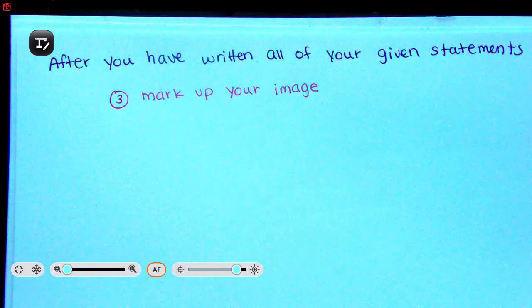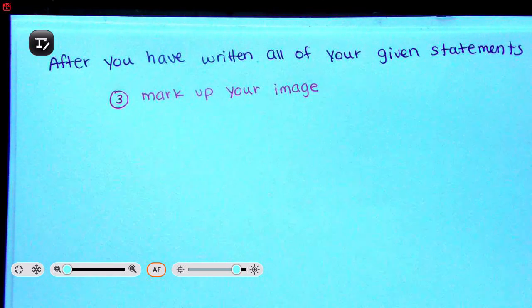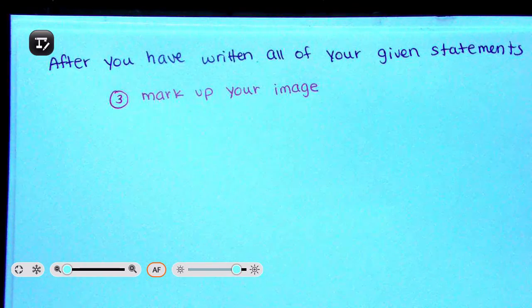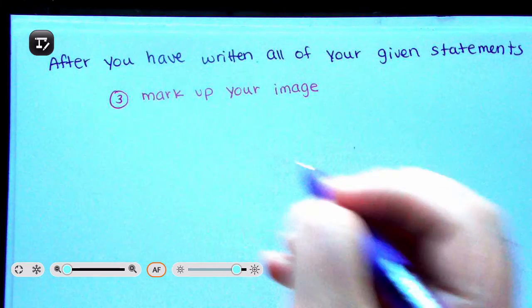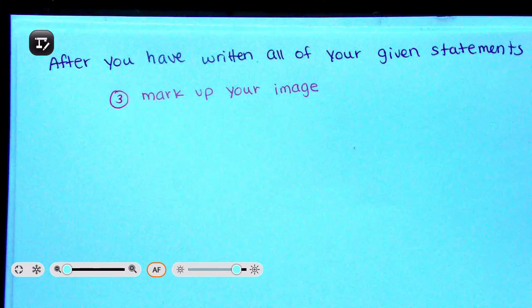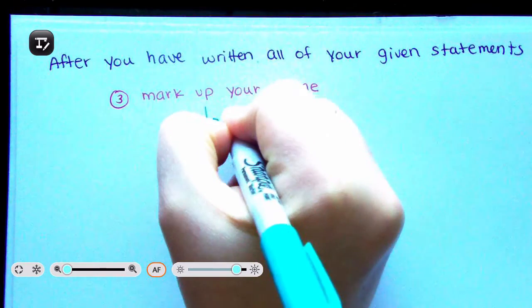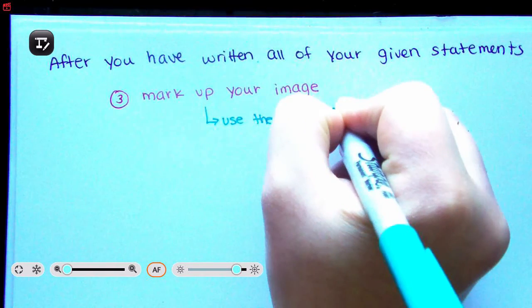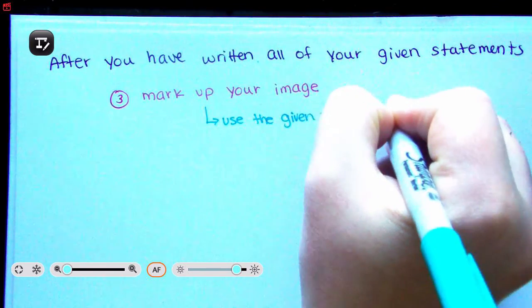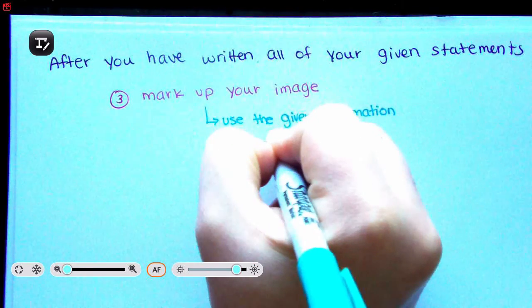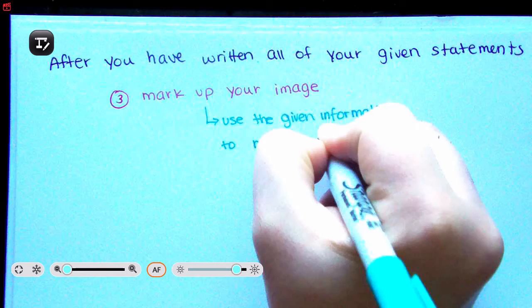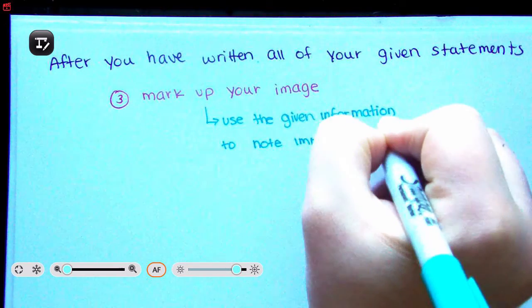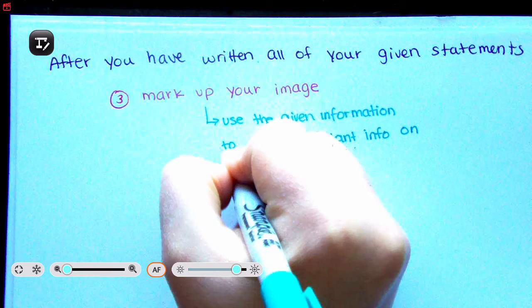What that means is they will always give you a picture of 2 triangles, and that's what you're trying to prove. You're trying to prove that those 2 triangles are the same. So you're going to mark up your image. Let me change colors here. So you're going to use the given information to note important info on the given image.